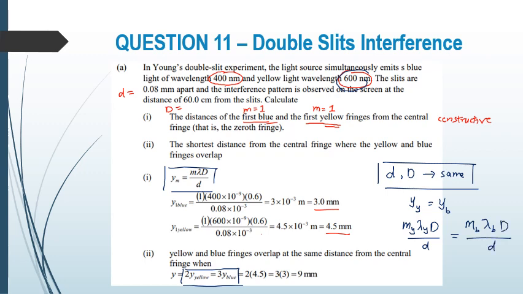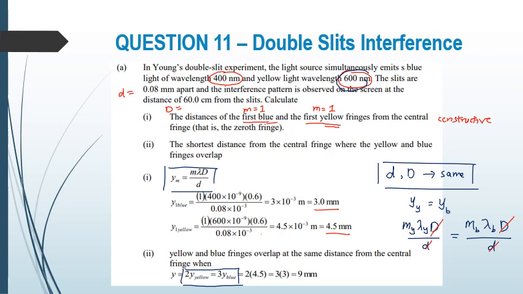Let's cancel out the things that we have first. Capital letter D and small letter d, you can cancel out. After that, we are left with m y lambda y equals m b lambda b. So what are we going to do next? m y lambda y equals m b lambda b.